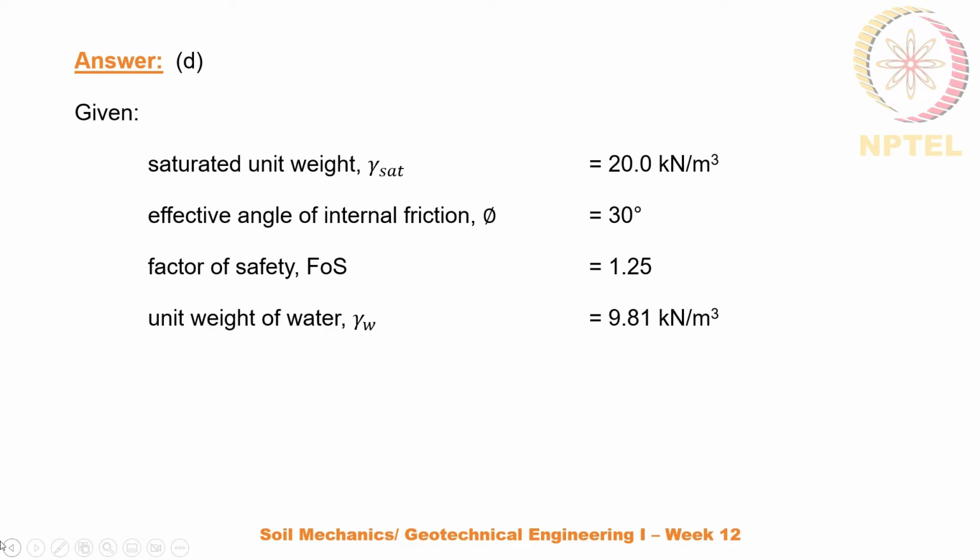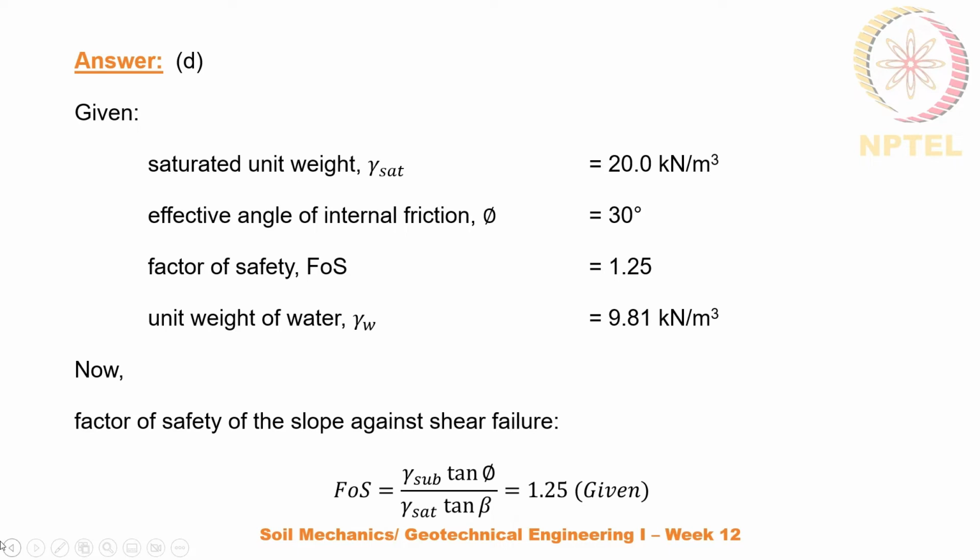So here we are given saturated unit weight of the soil sample as gamma saturated 20 kilonewton per meter cube. Effective angle of internal friction phi as 30 degrees. Factor of safety as 1.25. Unit weight of water gamma W is 9.81 kilonewton per meter cube.